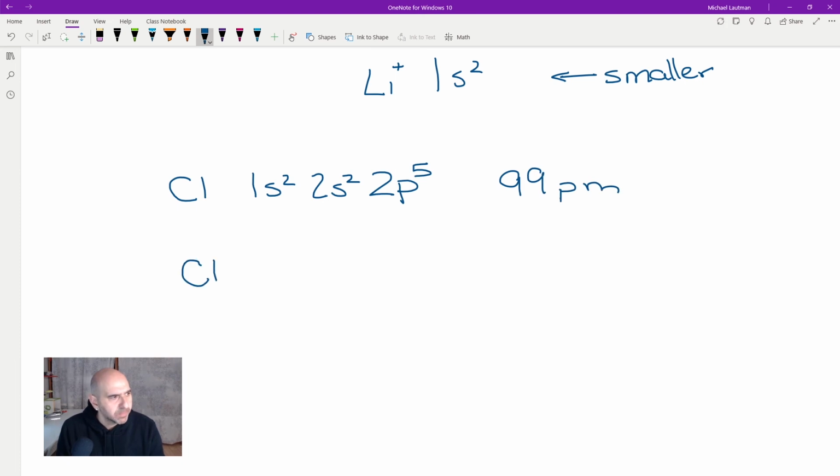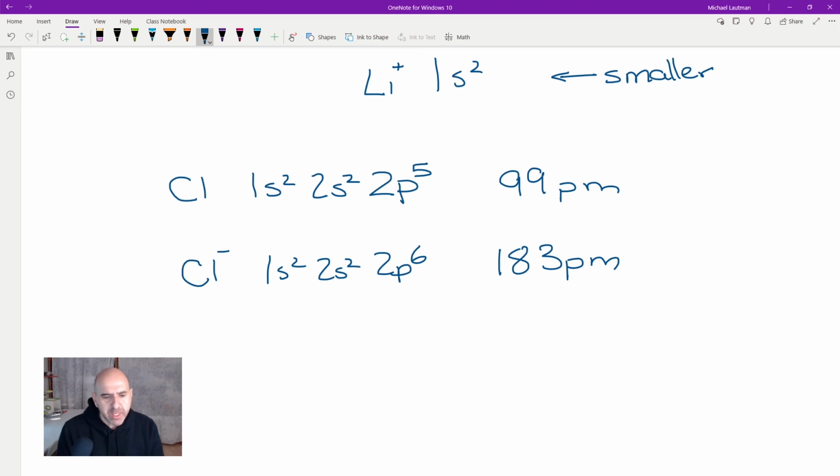Cl minus has 1s2, 2s2, 2p6, and that has a radius of almost double, 183 picometers. Now, I haven't moved to a larger orbital. I haven't put electrons in 3s, for example. All I've done is add one more electron to the 2p orbital.